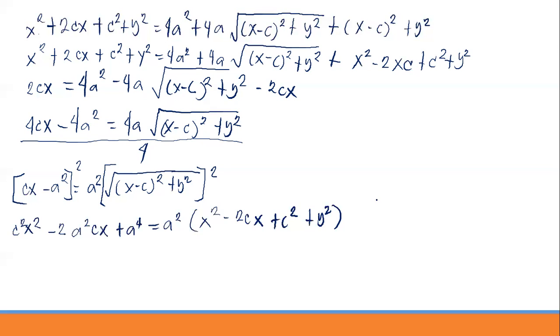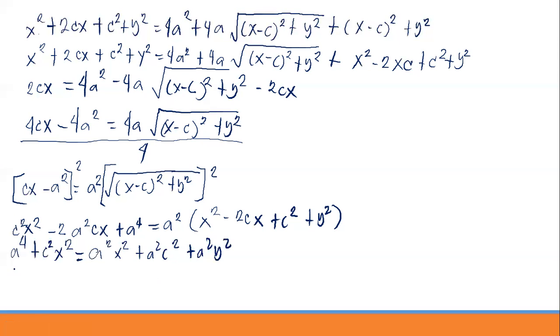Okay? Since we distribute and combine like terms, ayan, so magiging a to the fourth power minus 2a squared cx plus c squared x squared equals a squared x squared plus a squared c squared plus a squared y squared. Right? And then combine. So after combining like terms, rearrange the terms.